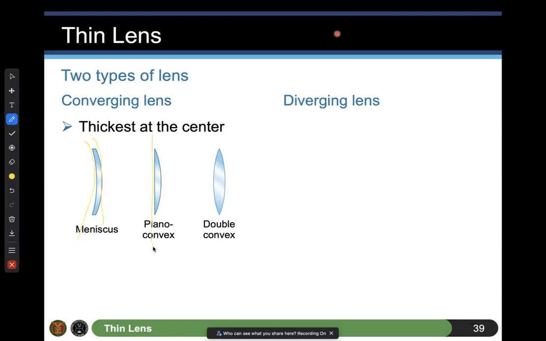Ito naman, plane yung first refracting, second ay ganito. Ito, parehas na curve yung refracting surface. And thickest sila dun sa center. Dito yung pinaka-thick na part ng lenses. Although, we still consider them as thin lenses.